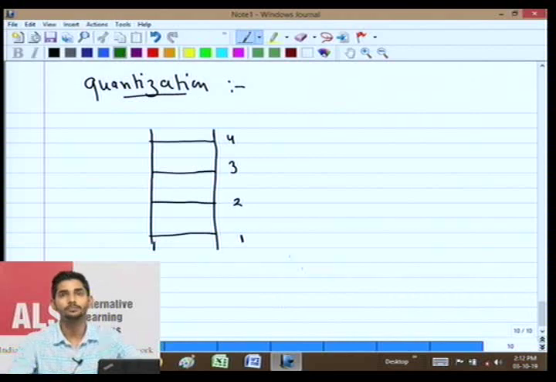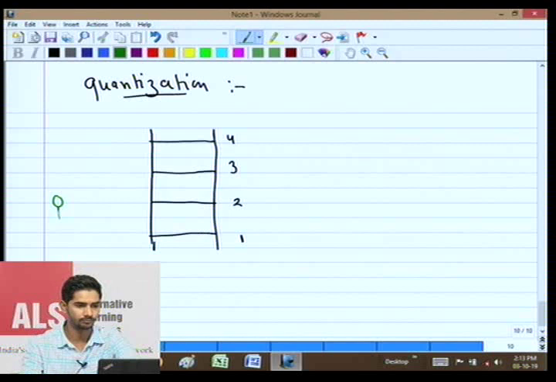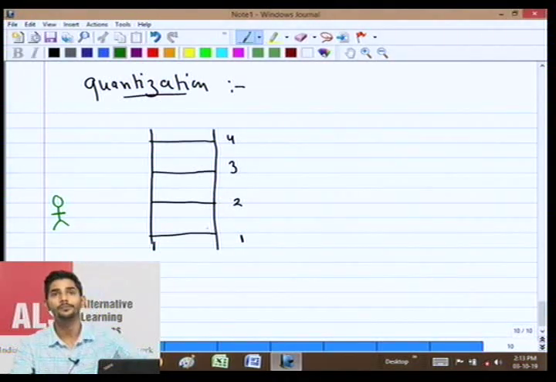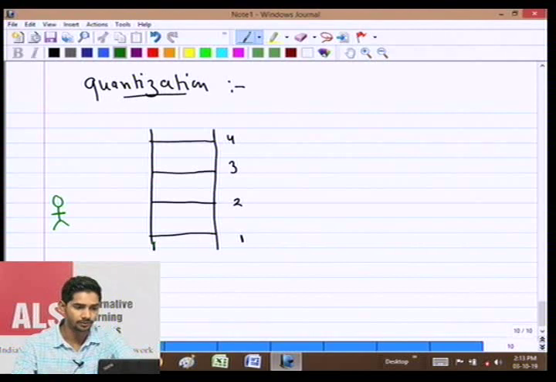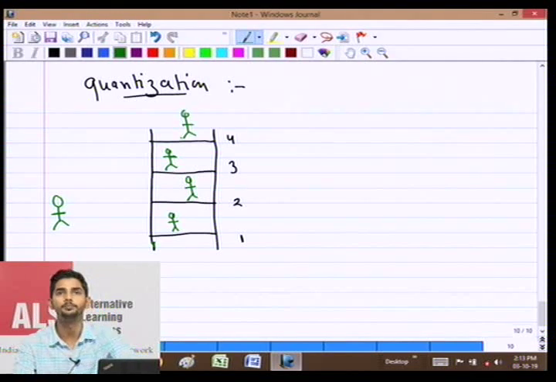If there is a person on this ladder and he climbs, he will first be on point 1, after that on 2, then 3, and then 4.